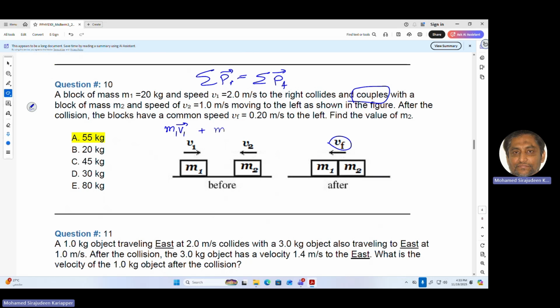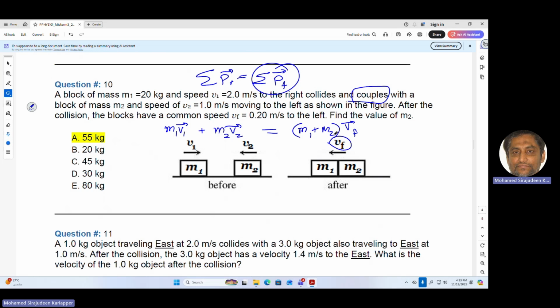Momentum of the second one is m2 v2, equals this side. We don't have to take them separately. It's like just one object, both having the same velocity. So the momentum after will be the total mass times the final velocity. This is conservation of momentum.